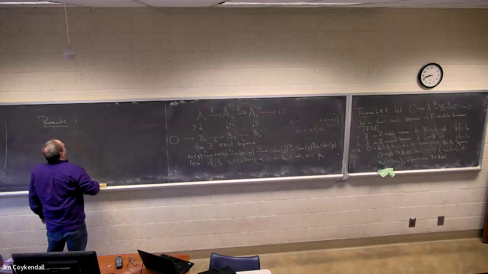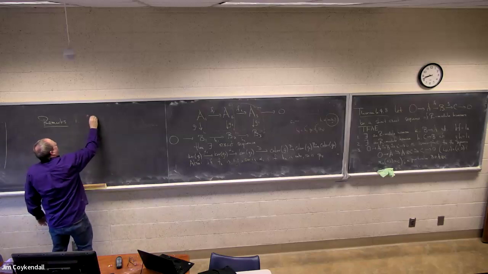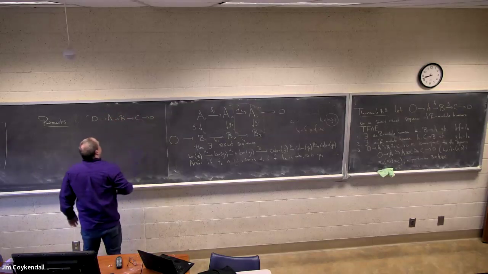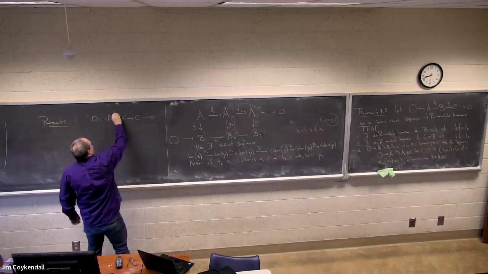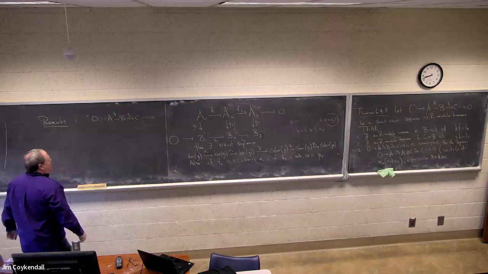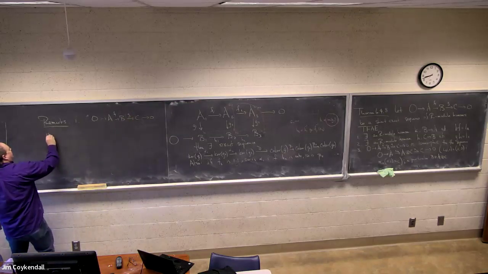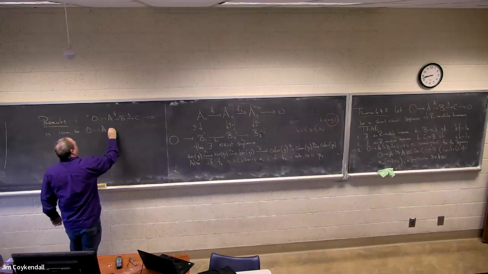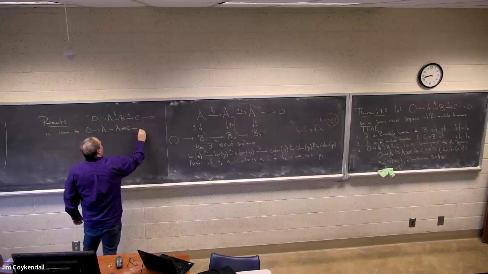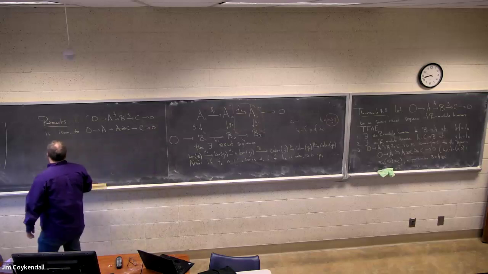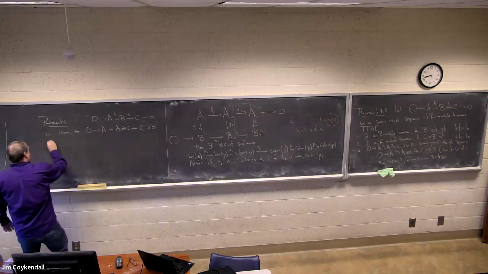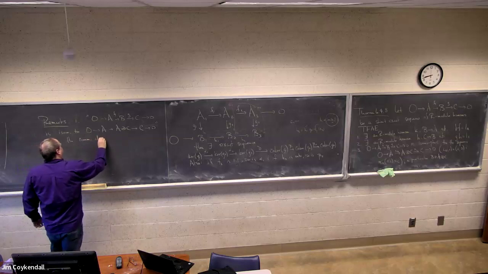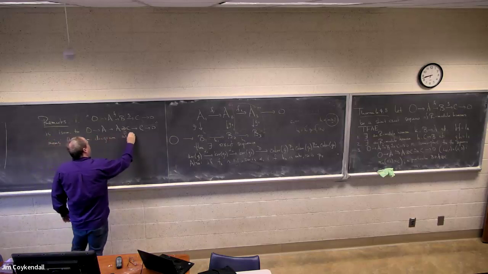One, the sequence 0, A, B, C, 0 is isomorphic to 0, A direct sum C, C, 0 means there is a commutative diagram.